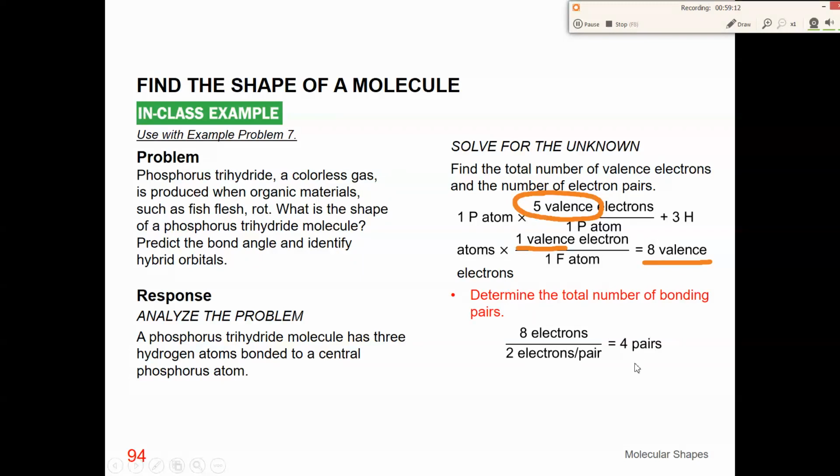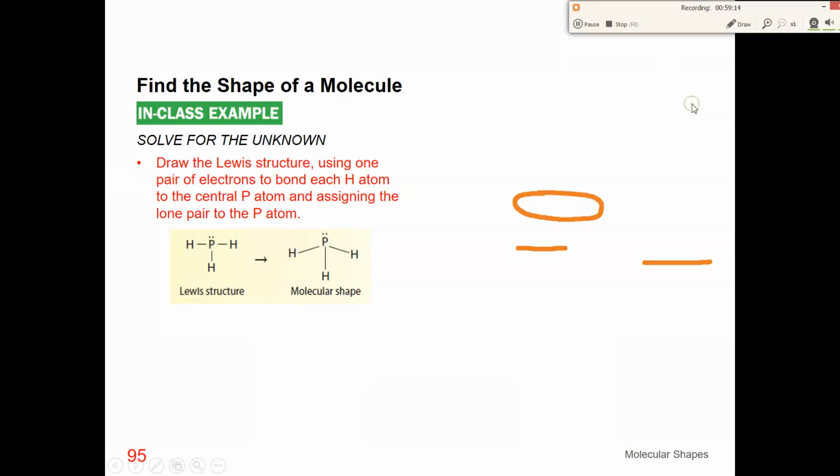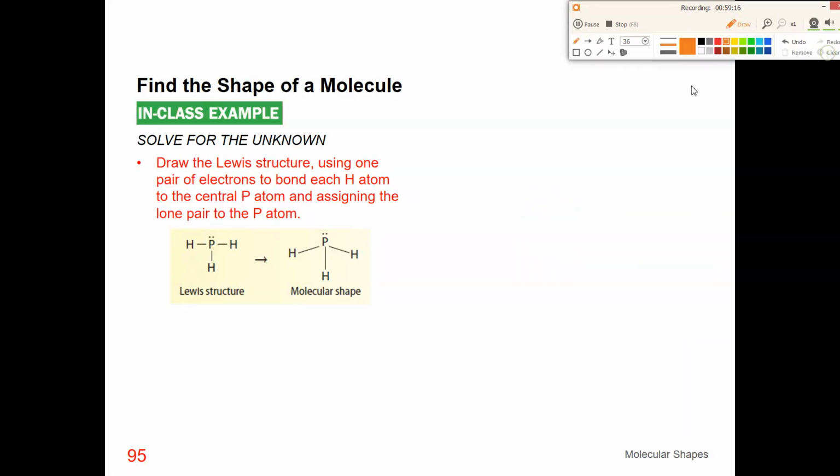So 8 valence electrons, 4 pairs. You put these 4 pairs around central phosphorus, it's going to be 1 lone pair with 3 bonds.